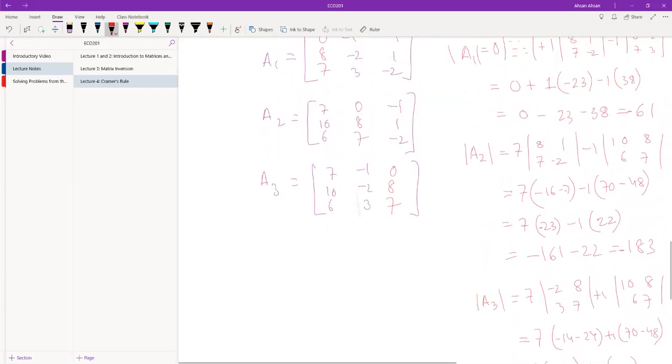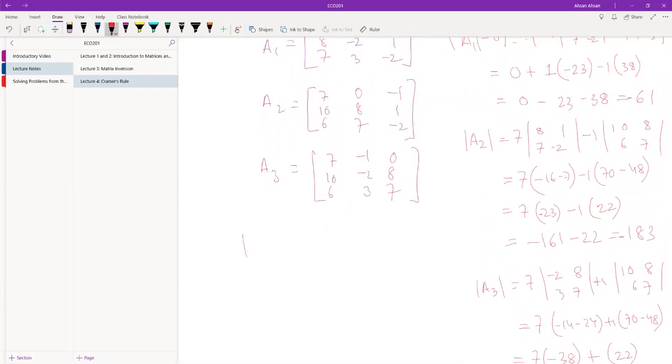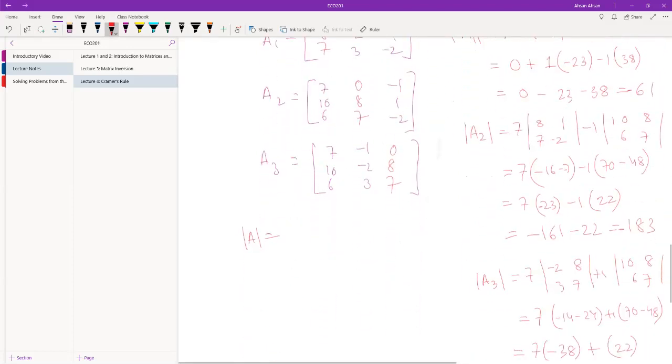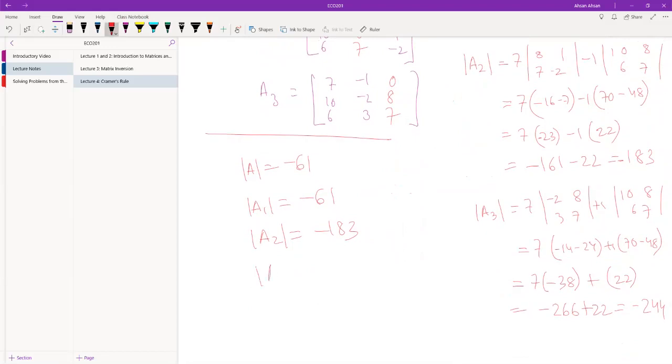Okay, long calculations, but ultimately what we have is that the determinant of A is minus 61. Determinant of A1 is minus 61. Determinant of A2 is minus 183. And determinant of A3 is minus 244.